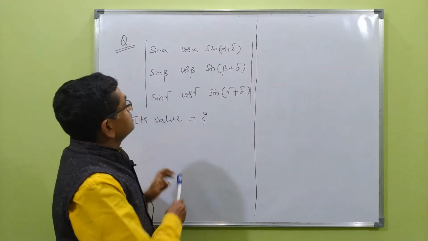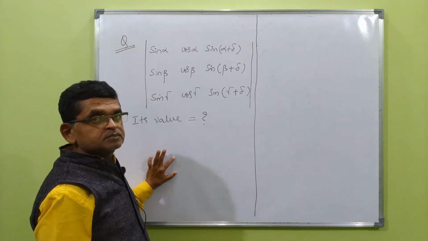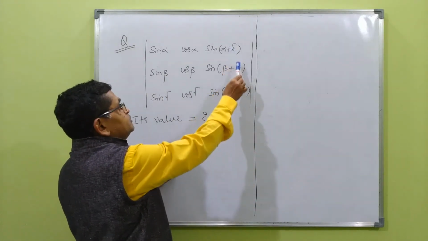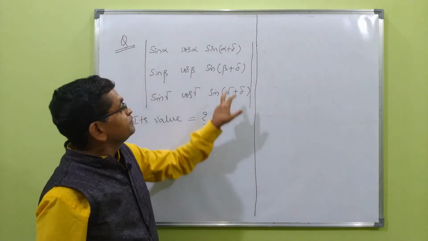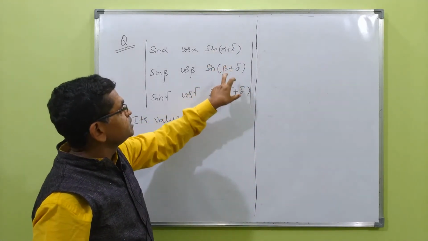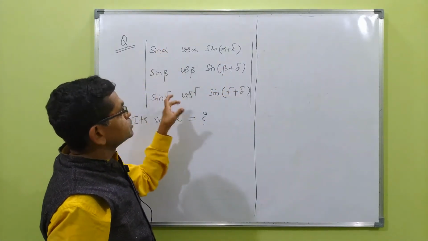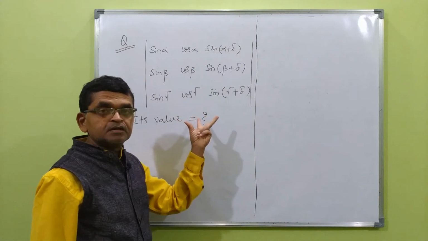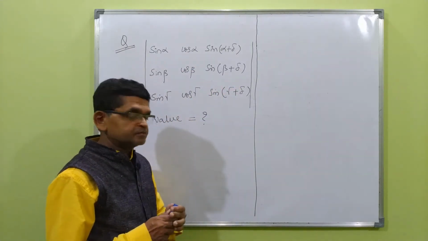Okay. See here, if you see this carefully, and if you write delta is equal to 0, what happens? This will become sin alpha, sin beta and sin gamma. So that is nothing but the first column. Two identical columns implies the value will be 0.